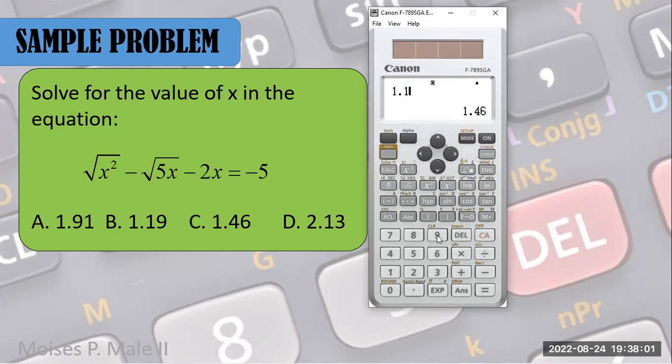Sorry, ako dun. Yun kasi nangyayari pag medyo mali yung na-input mo. Ayaw. 1.19. 1.91 nga.